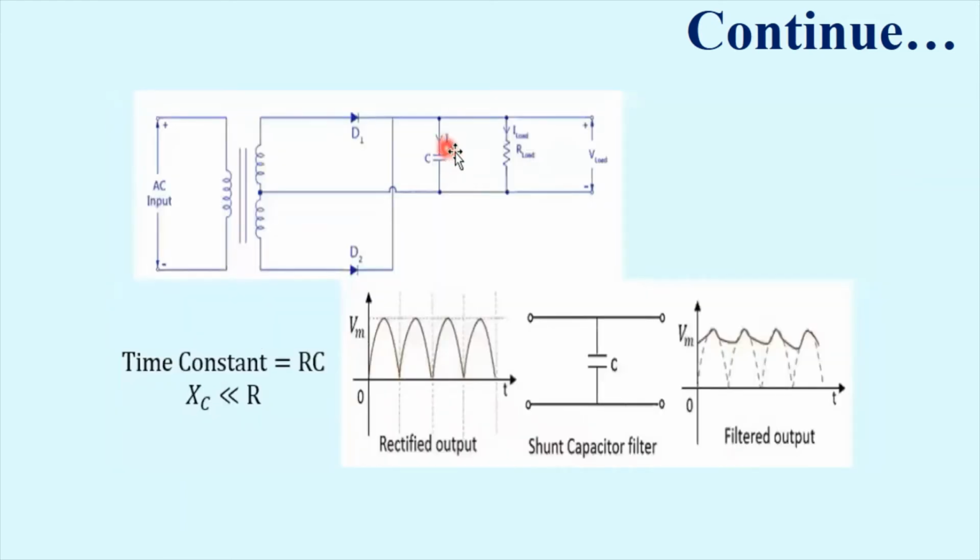Now if we connect the capacitor in parallel with the load resistance, the input at the capacitor side we will name Vm. We have to look at this input at the capacitor side. If the input voltage is greater than the voltage across the capacitor, then the capacitor will charge itself.